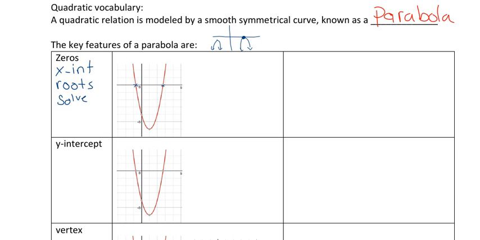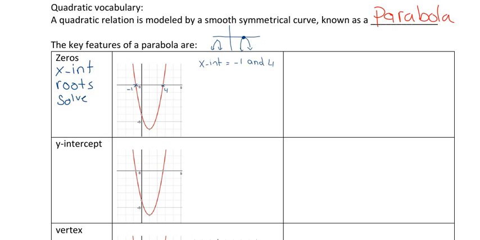You can write it as x-intercept equals... This is -1, and this looks like 4. You can say x-intercept equals -1 and 4.